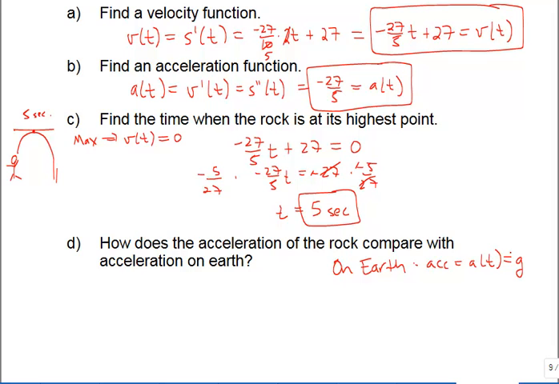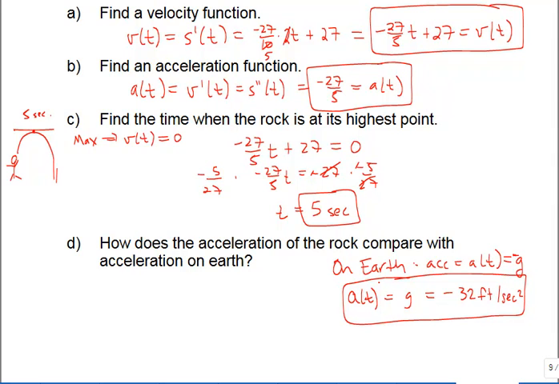And on Earth, if we consider direction, gravity is acting downwards, so usually that would be considered the negative direction. So what's g in our units here? We're talking feet and seconds. So on Earth, that g value is negative 32 feet per second squared. So that's acceleration at any moment in time. So that's what happens on Earth.